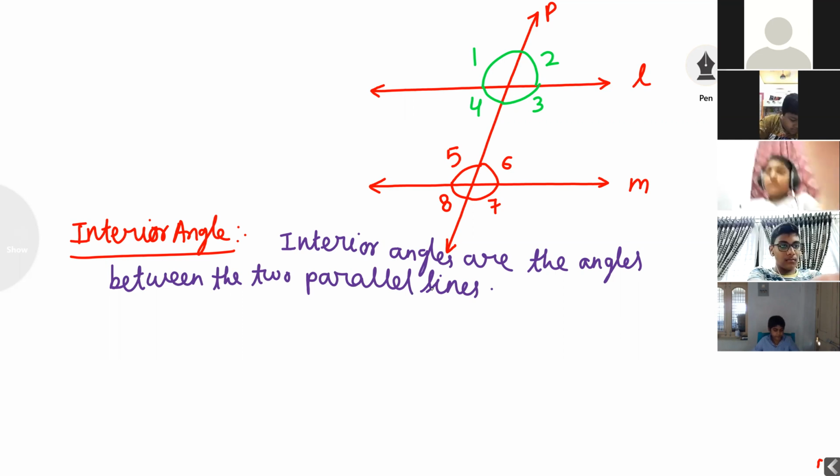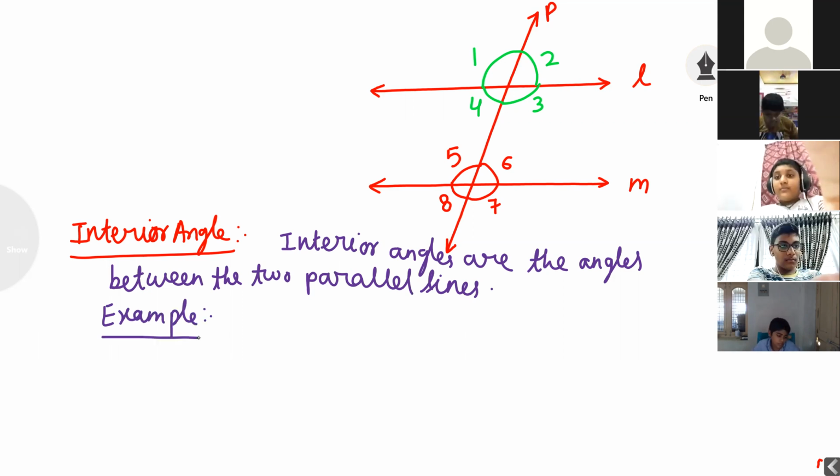Now in this figure, what are the interior angles? Example: angle 3, angle 4, angle 5, and angle 6.